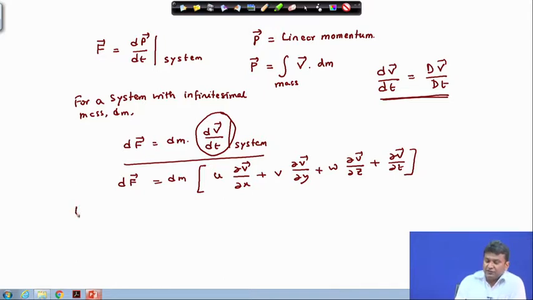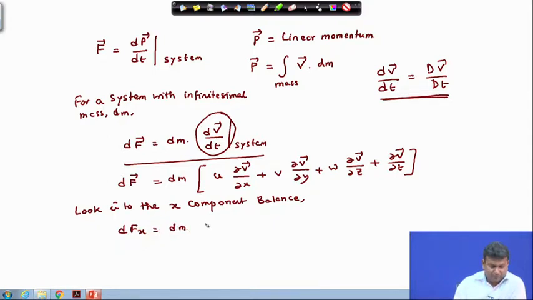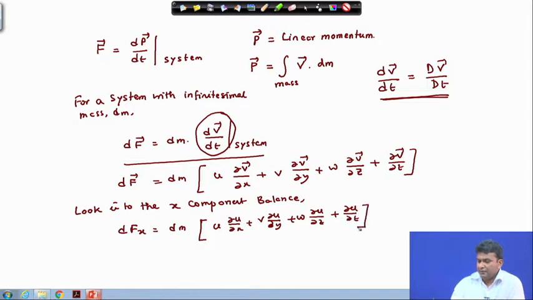So, if you decide to look into the x component, for example, then you can simply write dFx equals dm into u ∂u/∂x plus v ∂u/∂y, plus ∂u/∂t, and so on.